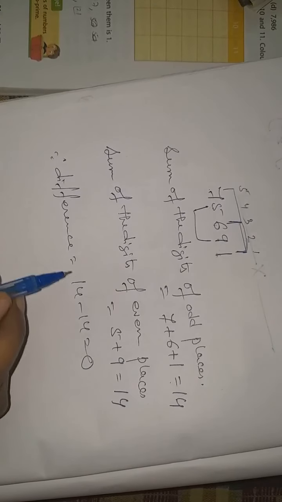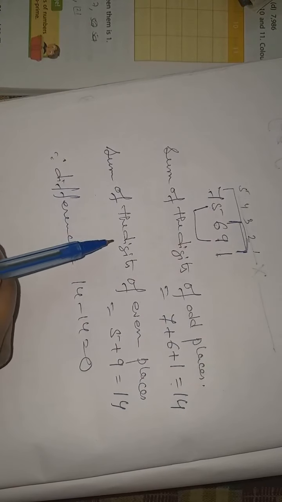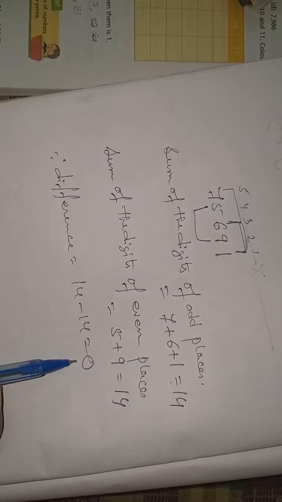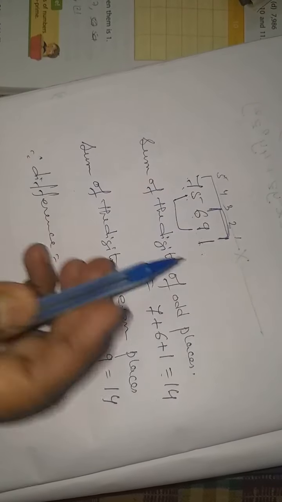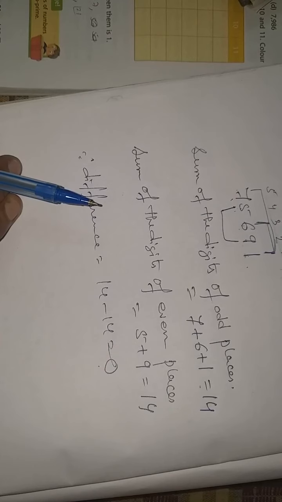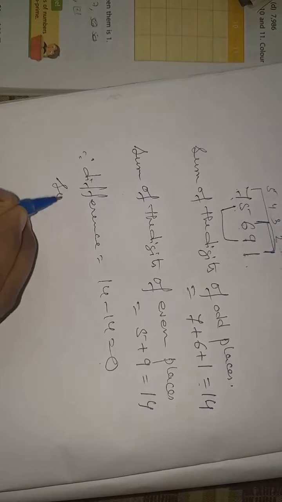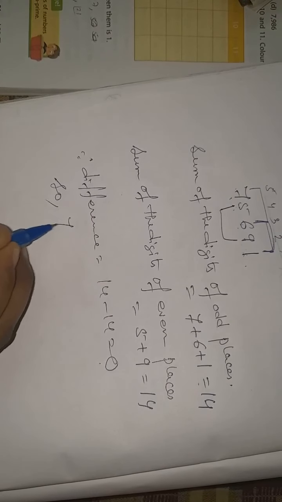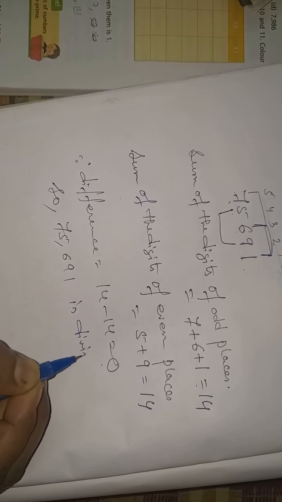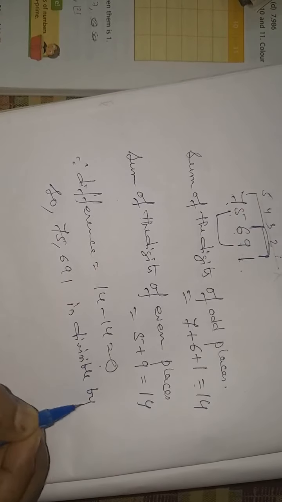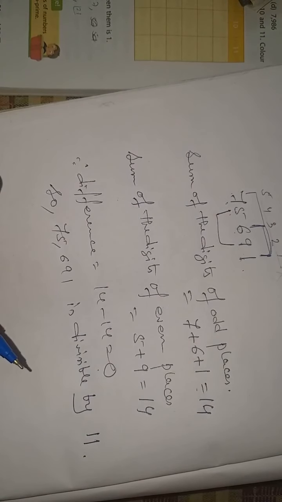When the difference between the sum of the digits of the odd places and the sum of the digits of the even places is 0, then we can say the whole number 75691 is divisible by 11.